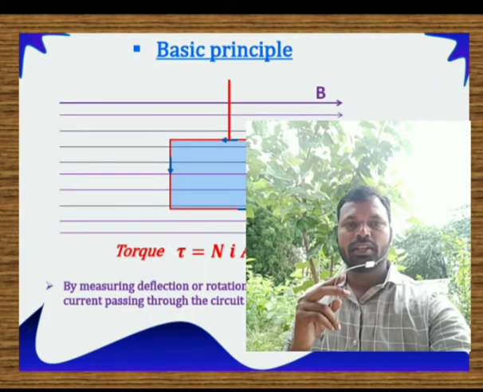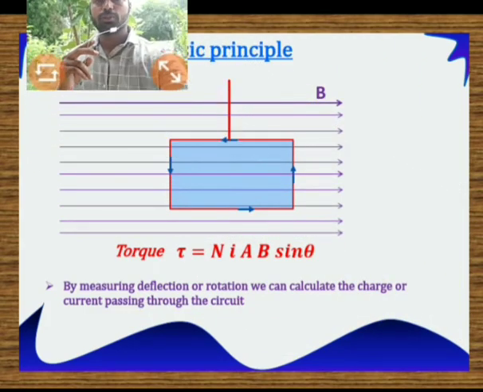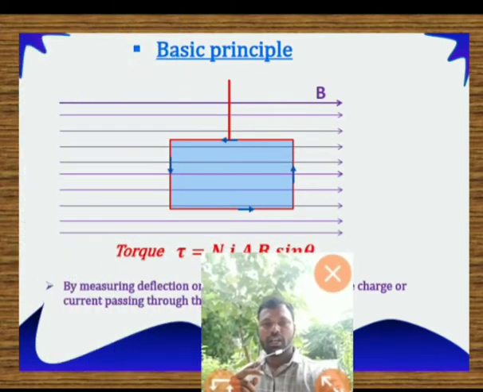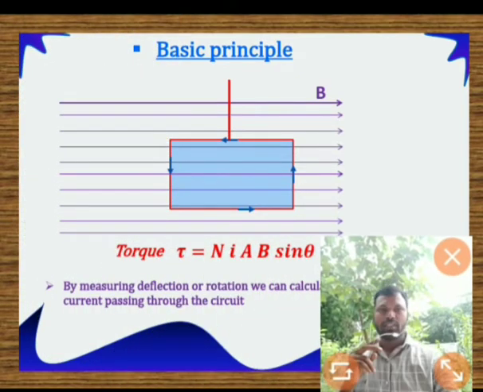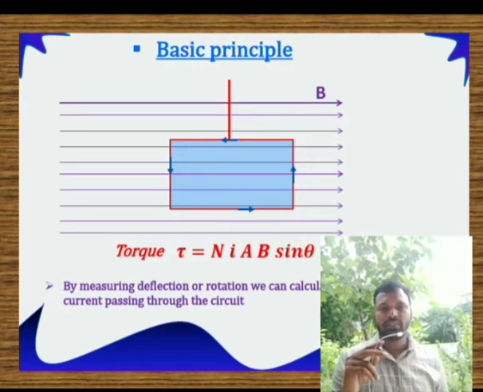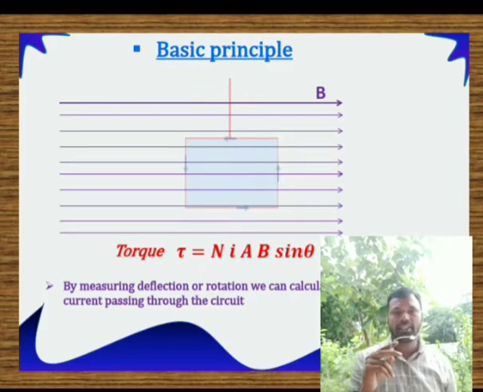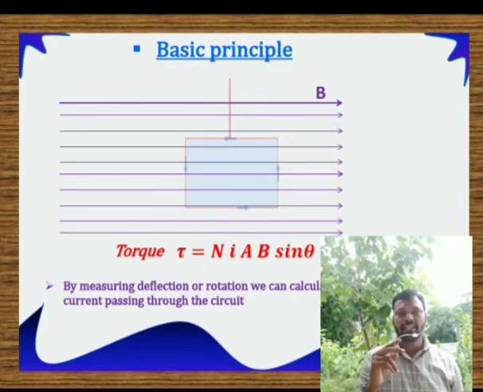First, generally, what is a ballistic galvanometer? Before going to that, let me show you a small animation. The basic principle of a galvanometer is: when a rectangular current carrying coil is placed in a magnetic field, a torque acts on the coil.